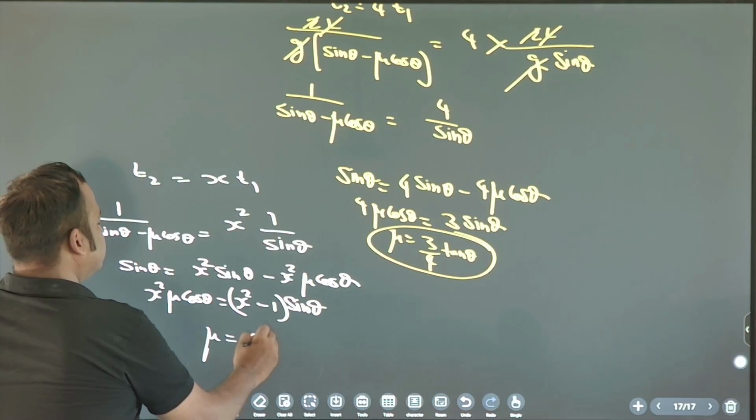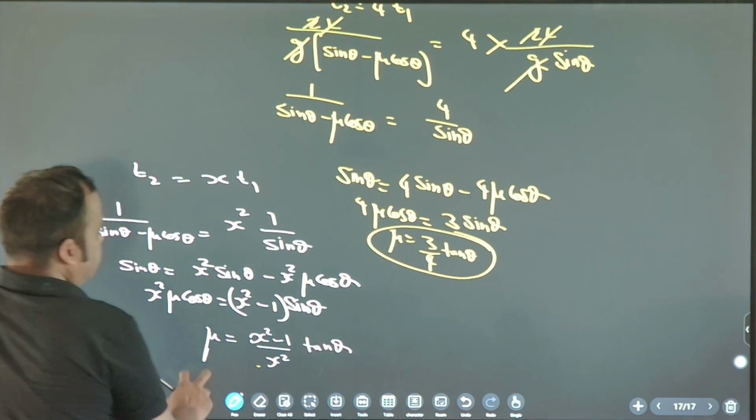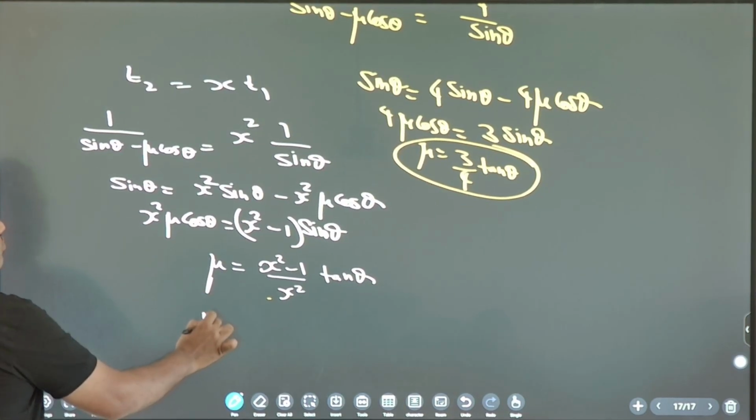Mu is equal to x square minus 1 by x square into tan theta. Okay, so you can remember this formula.